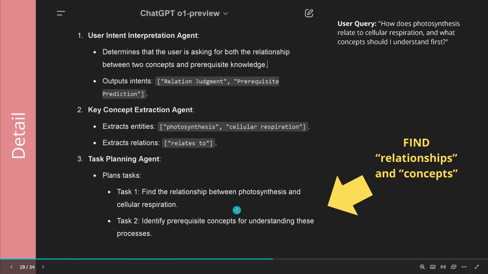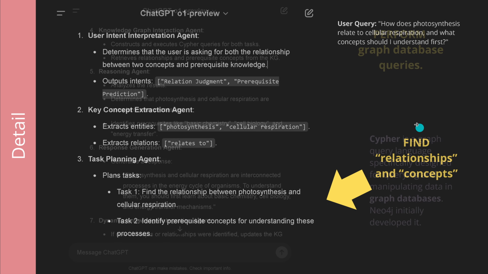So we are looking for additional information explaining, maybe in the simplest case, what is photosynthesis? Where is the connection to, I don't know, animals or plants or whatever we have? What is cellular respiration? What is a cell? What is respiration? How is this combined? What is the latest research on the topic? So anything that has a prerequisite concept, we are looking for. So those are these 2 tasks that we are looking for.